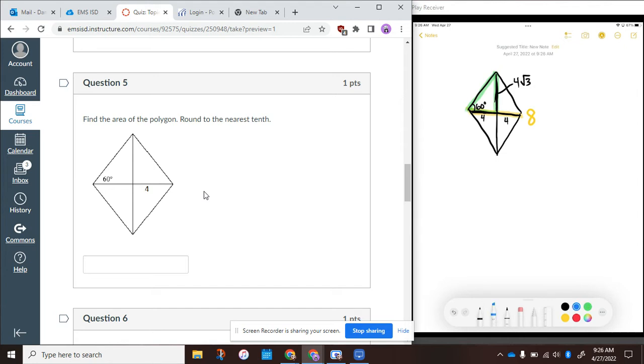So that means this part down here that I just highlighted in blue is also 4 square root 3. So altogether, our whole entire blue highlighted diagonal is 2 times 4 square root 3, which is 8 square root 3.